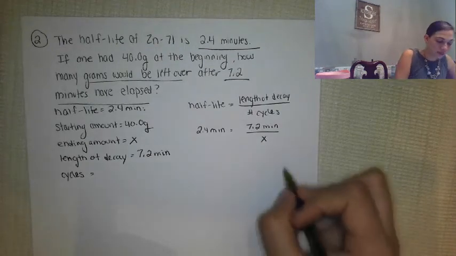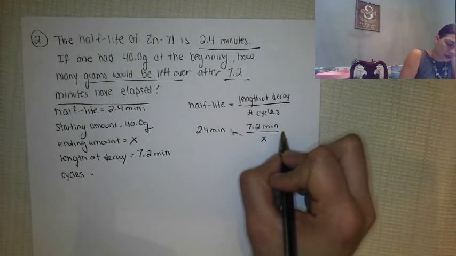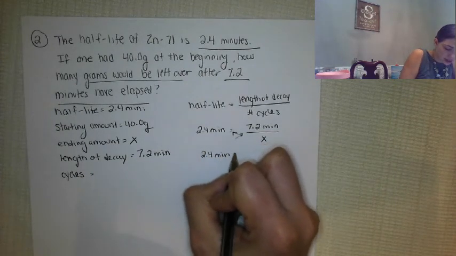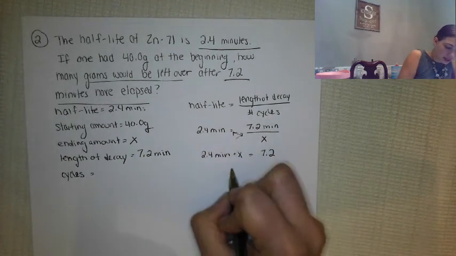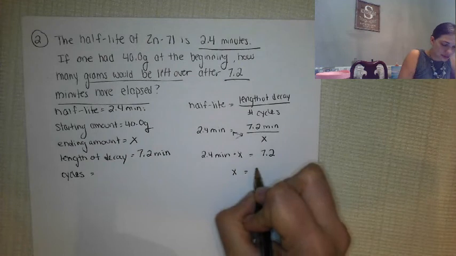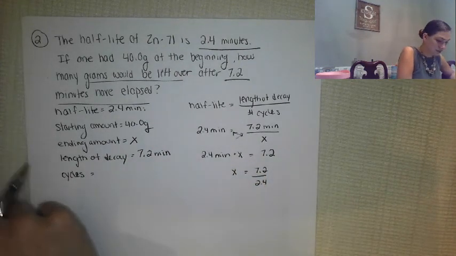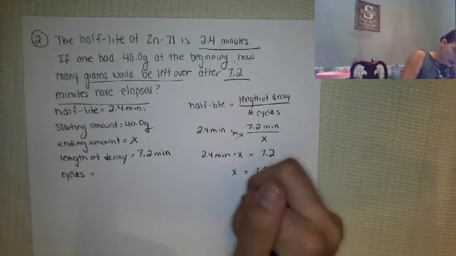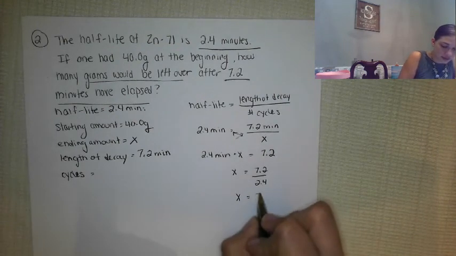We do that by solving for x. We can cross multiply here, multiply both sides by x, so we get 2.4 minutes times x is equal to 7.2, and then x is equal to 7.2 over 2.4. That tells us that our number of cycles was 3.